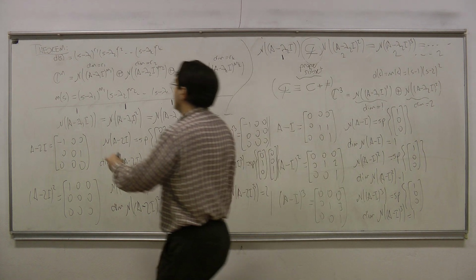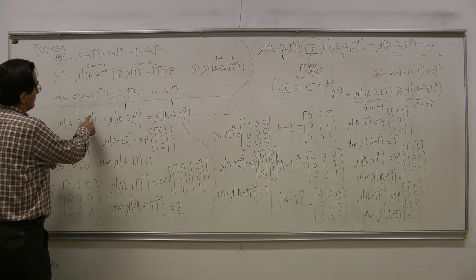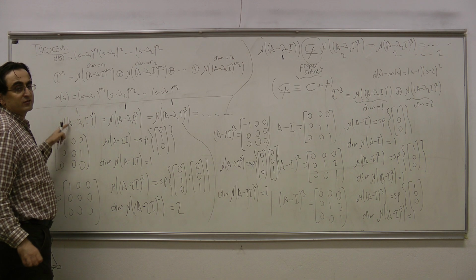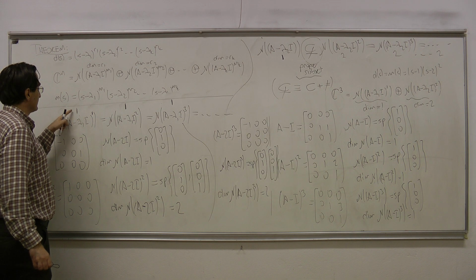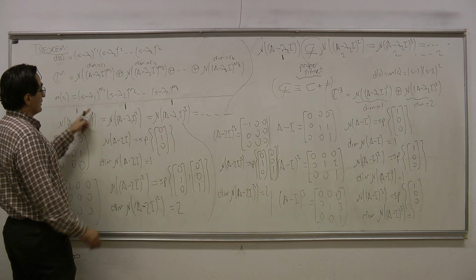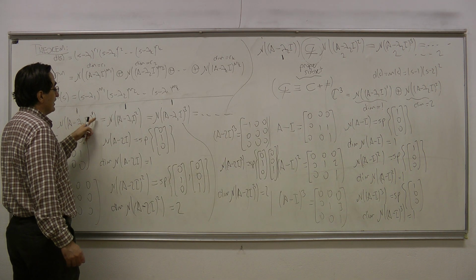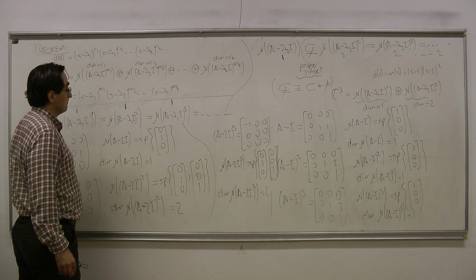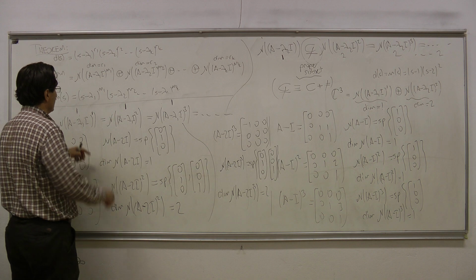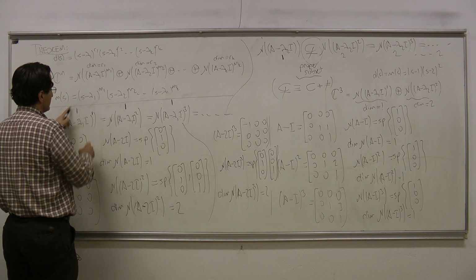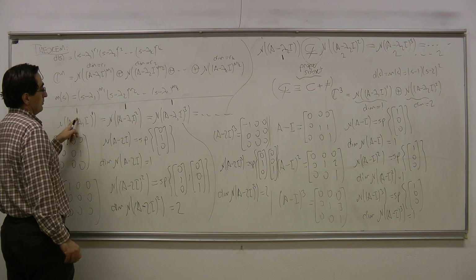That means that this null space with the power 1 is going to be the largest null space that I can reach. And its dimension is going to be 1. And since this is the largest such null space I can reach, when I increase the power, no growing happens. Okay? So there is no growth here, because this power is 1, that is already the largest null space that I can reach in this form.